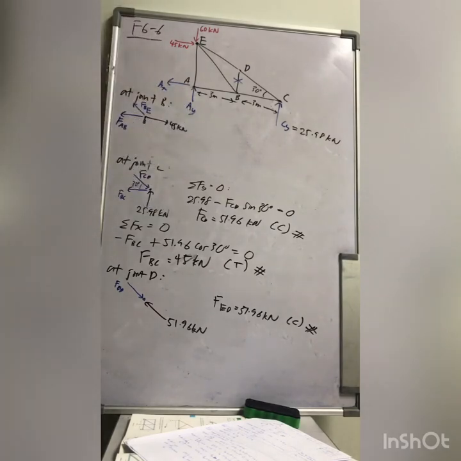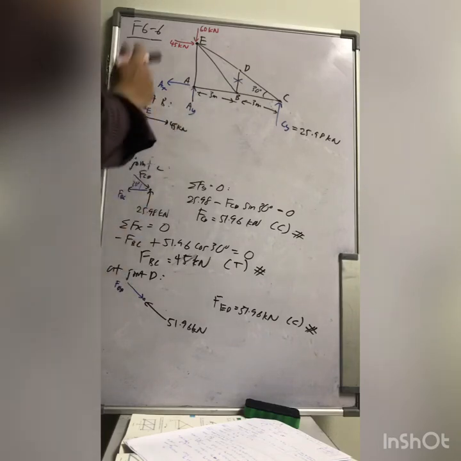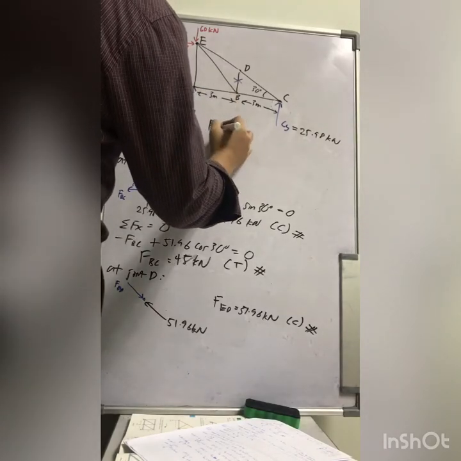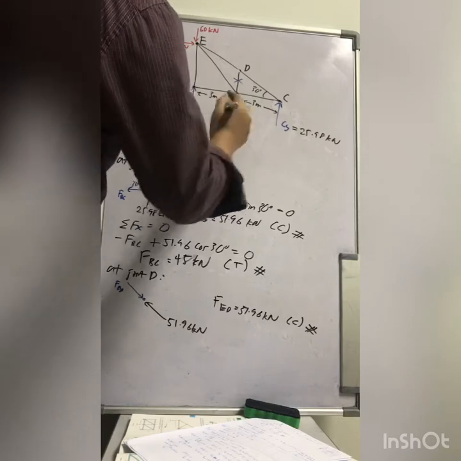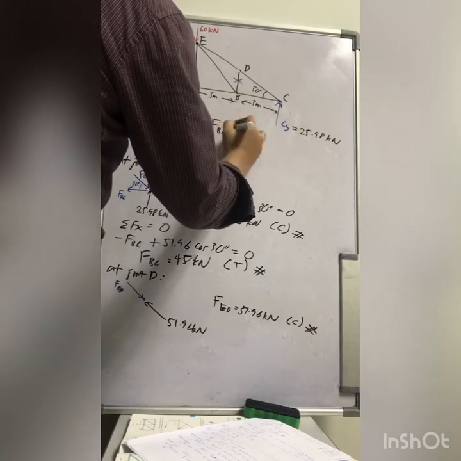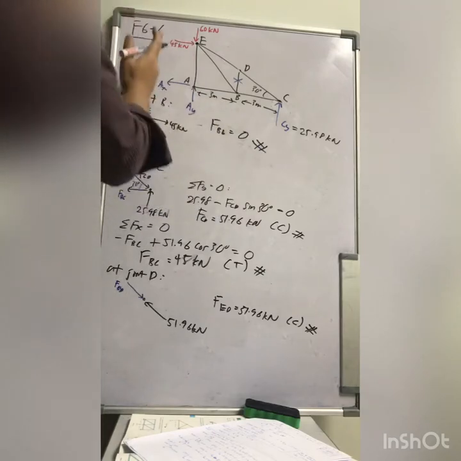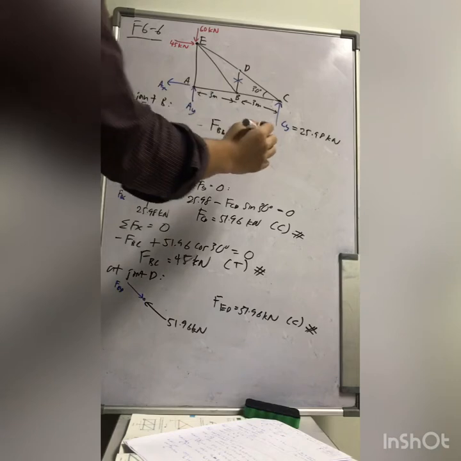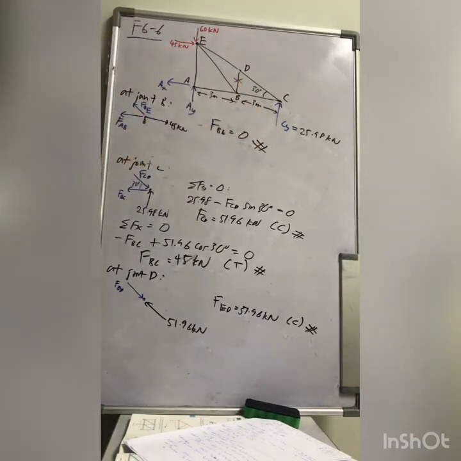So at joint B, if you do Fy equals 0, you will see that actually your FBE equals 0. Only this FBE has a Y component, right? So FBE is 0. It's a zero force member actually in this case.